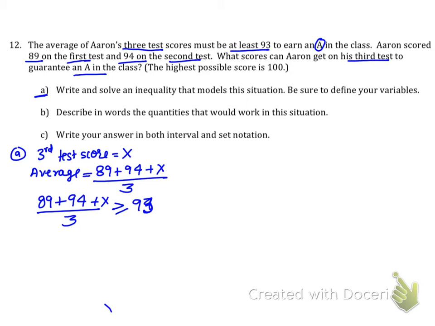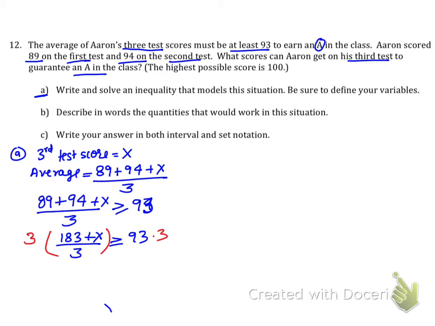Then I have to solve it. So let's add 89 and 94, that gives us 183 plus x, over 3, greater than or equal to 93. In order to solve, let's multiply 3 on both sides because we don't want the denominator on the bottom.